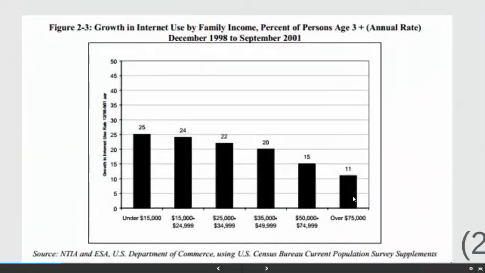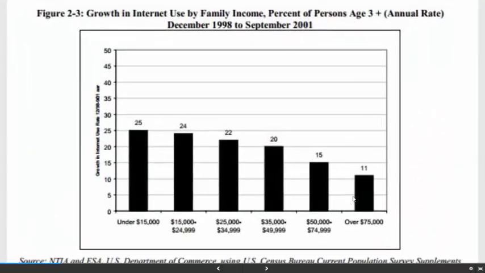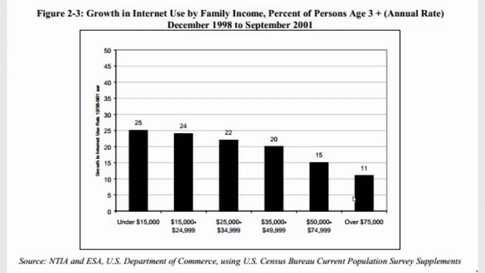Taking a look at this chart from the U.S. Department of Commerce, we see that between 1998 and 2001, lower income families saw massive increases in internet usage and internet access. And from 2001 to today, the growth has been even larger.